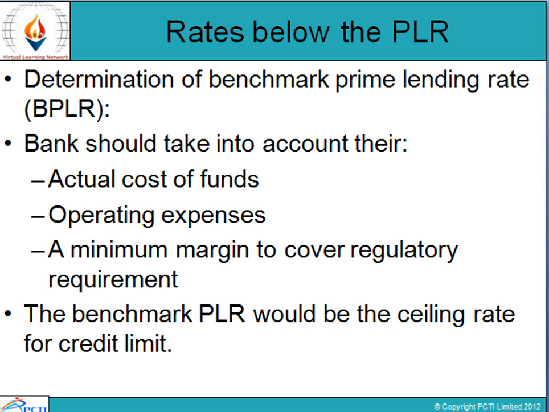These premia can be factored in the spread over or below the BPLR. Banks are also advised that in the interest of consumer protection and to have a greater degree of transparency in regard to actual interest rates charged to the borrower, they continue to provide information on minimum and maximum interest rates charged together with the benchmark PLR.